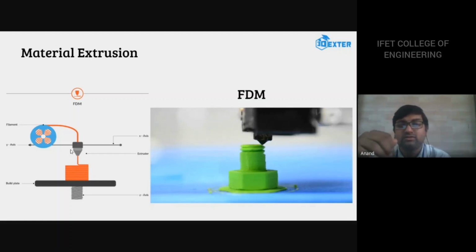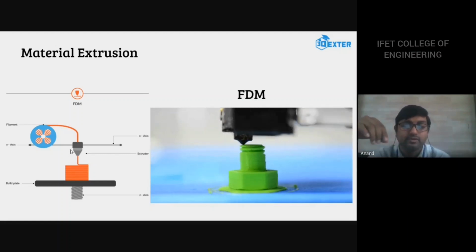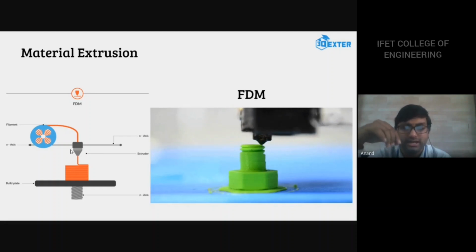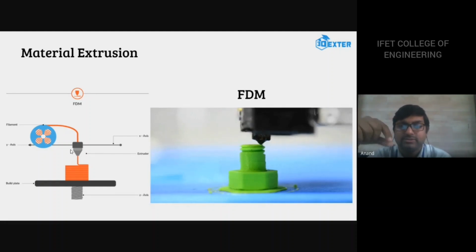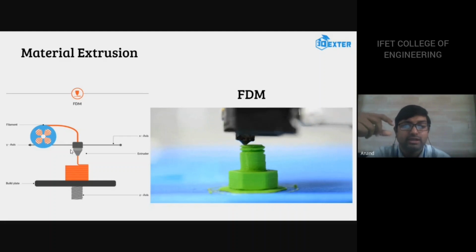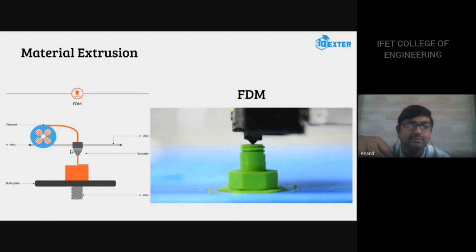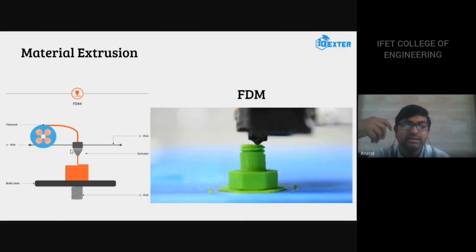The motion we are providing through the hand. In the same way, liquid material is coming out from the nozzle. We are feeding the material continuously, and at the same time we are moving the nozzle, right? Both of them are happening together.